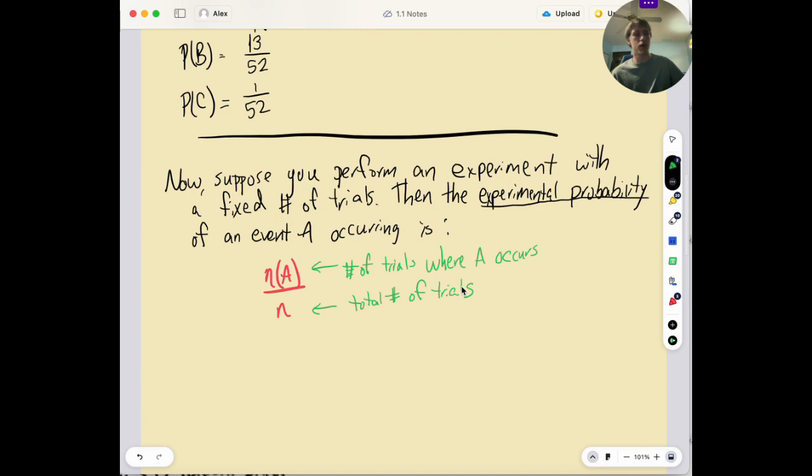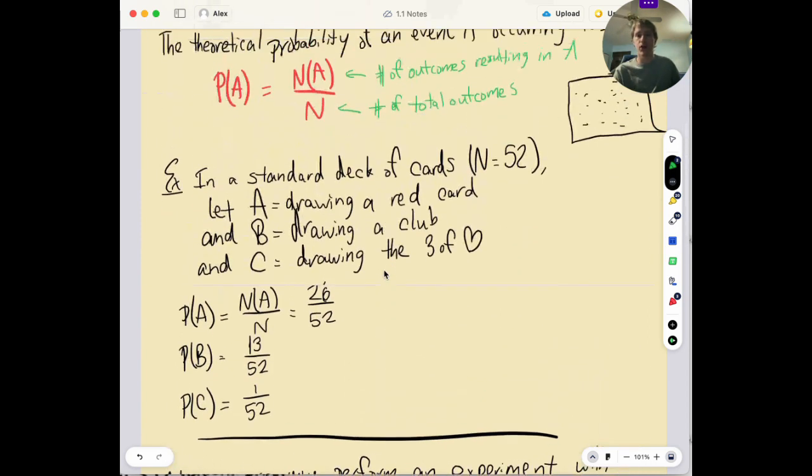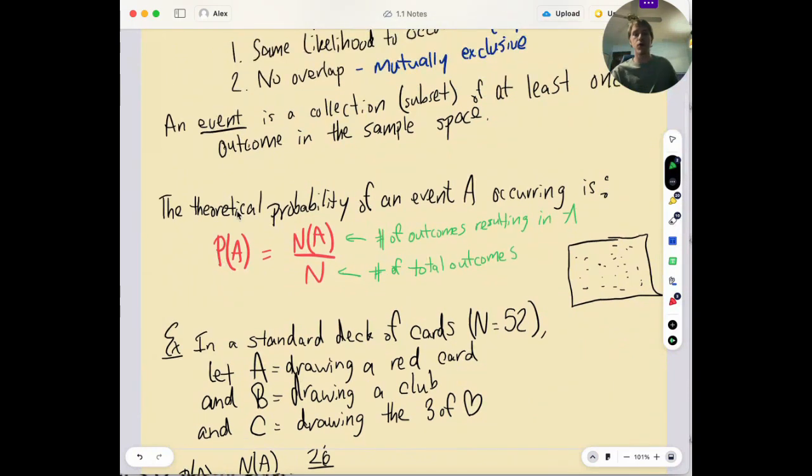Okay, so that is theoretical versus experimental. I'll just scroll up to review. So theoretical probability, we take all these outcomes, which are equally likely to occur, and there's no overlap between them, and we figure out the total number of outcomes that result in your event, and we divide that by the total number of possible outcomes.